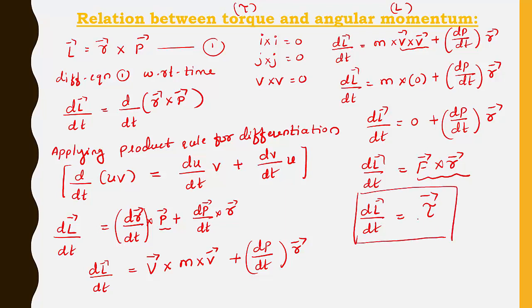This is the relation between torque and angular momentum, or it can also be written as tau equal to dL divided by dt. So what is the conclusion? What it indicates is, when we apply torque on a rigid body, its angular momentum changes with respect to time. Rate of change of angular momentum gives torque. Is it clear?